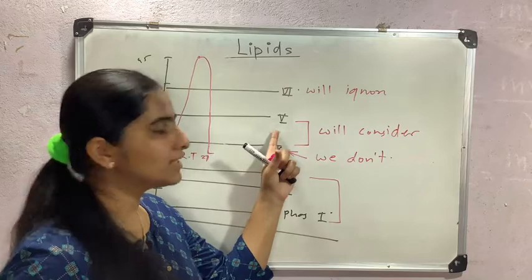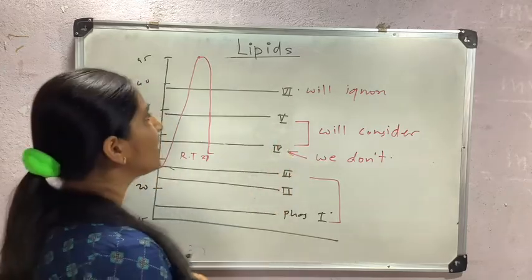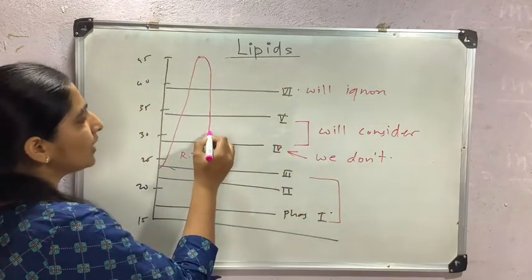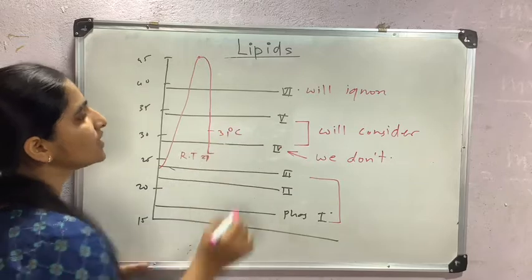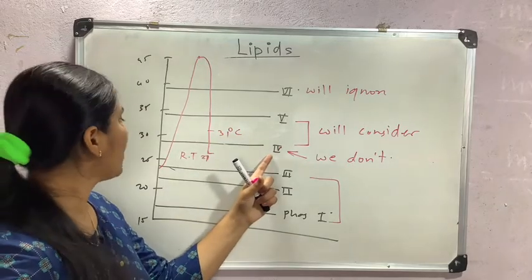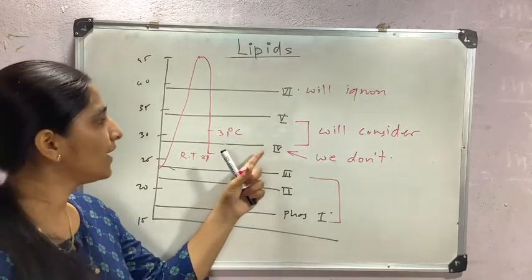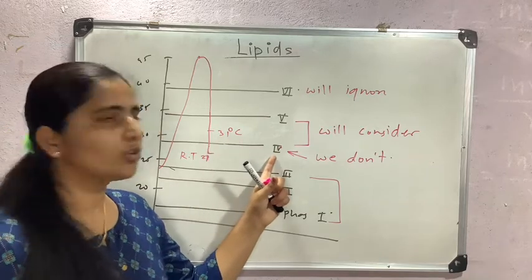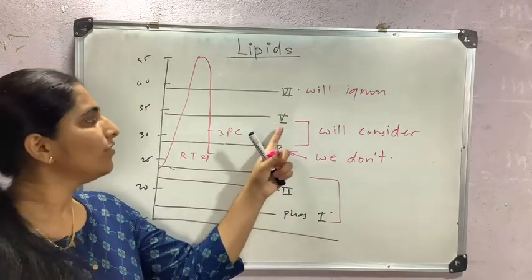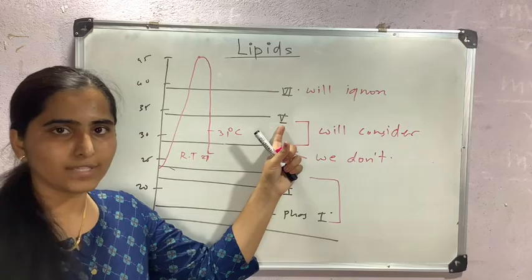And to achieve phase 5 seed crystals, we can cool this chocolate to 31 degrees Celsius, which is more than the melting point of phase 4. There will be no growth of phase 4 crystals, and we will get only phase 5 crystals.